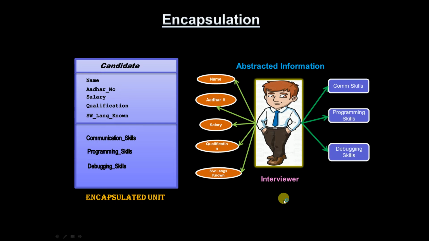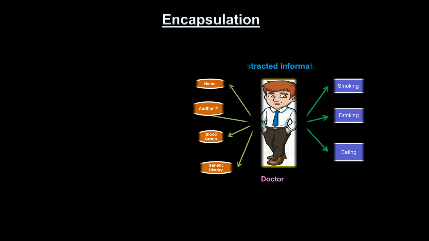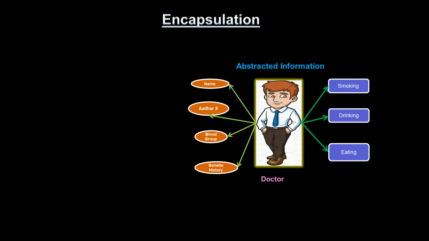Next, we also discussed that the same person is going to meet a doctor. As a doctor, what he is interested in is the name, Aadhaar number, blood group, genetic history, and behaviors like smoking, drinking, and eating habits. Even though salary and qualification are related to this person, the doctor is least bothered about that information.